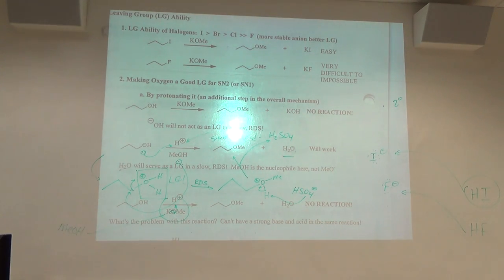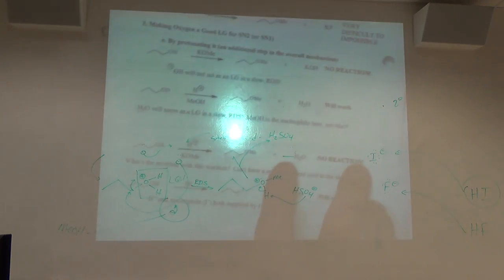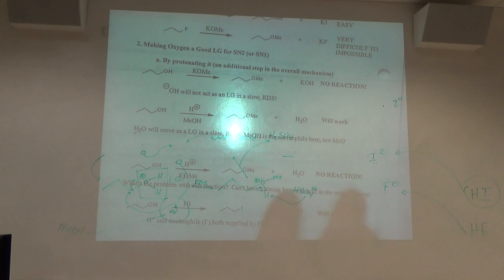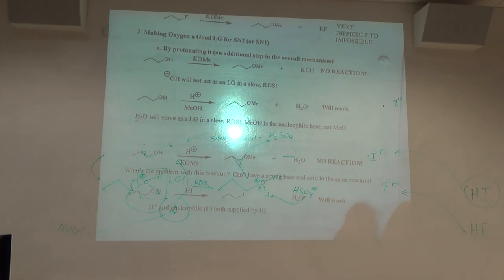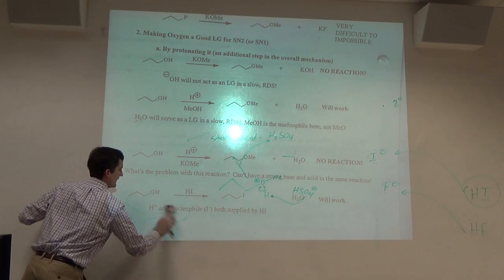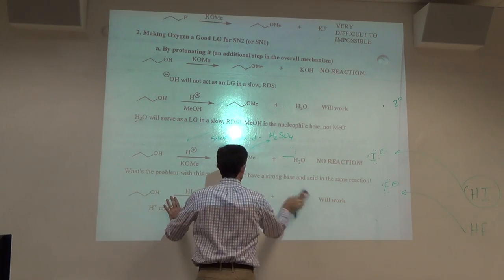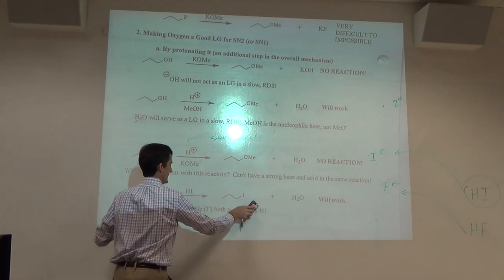Okay. Down below, we can see a variation of this reaction that works very nicely. Very bottom. If you take that alcohol reacting with HI, you can get a reaction and get an alkyl iodide.